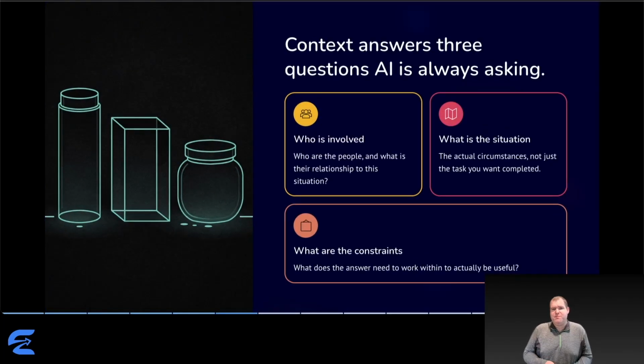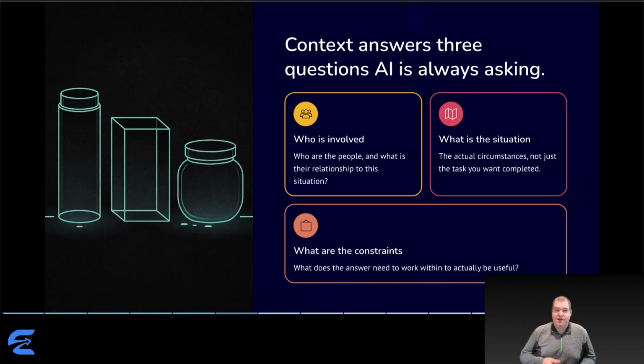When AI receives a prompt, it's pattern matching against three things it needs to produce a useful response: who is involved, and what is the relationship to this situation. Not just my team, but who these people are, what their history is, what they care about. What is the actual situation? Not the task you want completed, but the circumstances surrounding it.